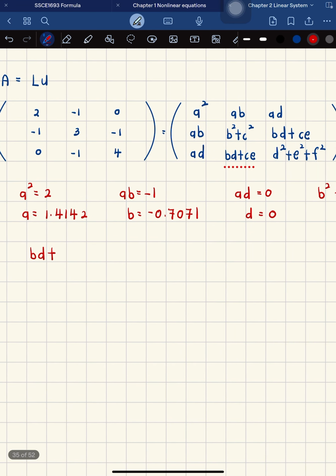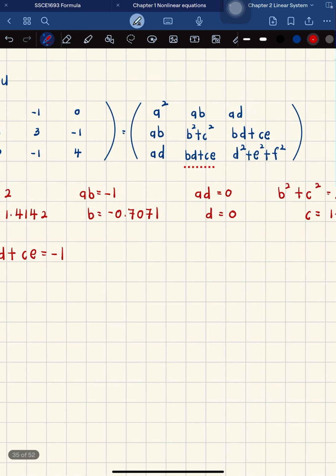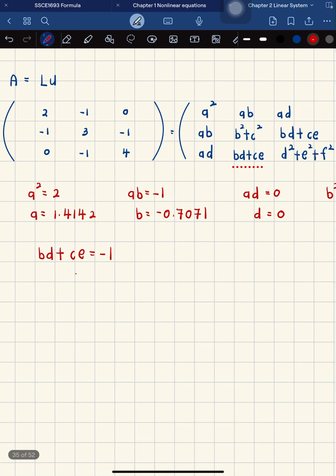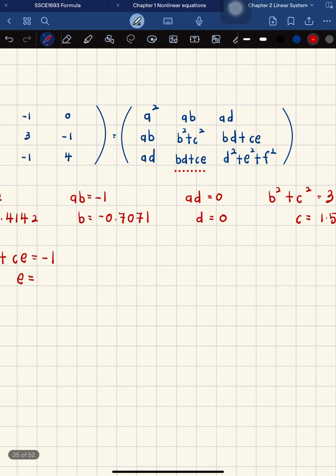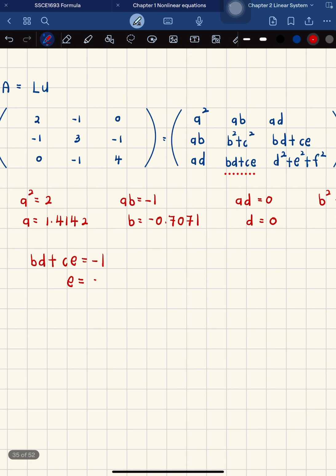BD plus CE equal to 1, so E equal to 1 minus BD divided by C, 1.5811, so negative 0.6325.